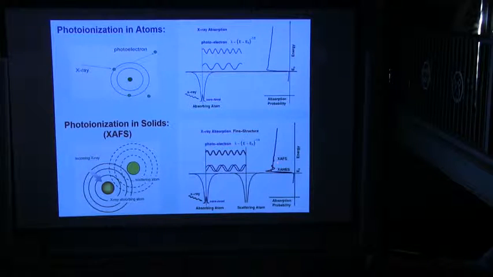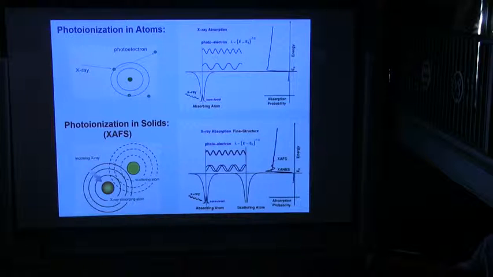One can get oscillations, constructive and destructive interference between two electron waves. This is what I would like to focus on a little bit here, theoretically if possible, with multiple scattering theory.